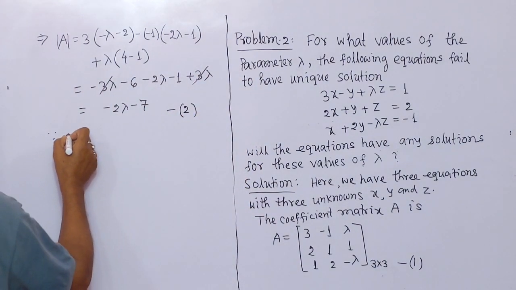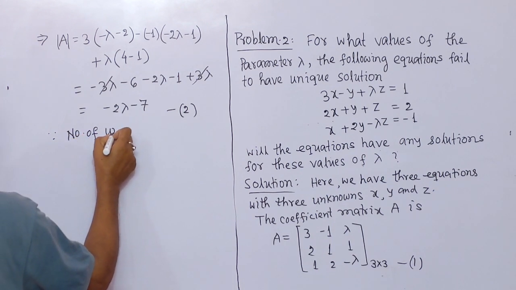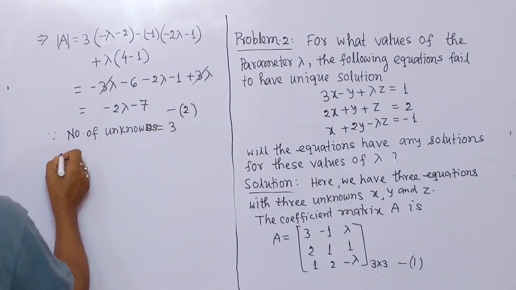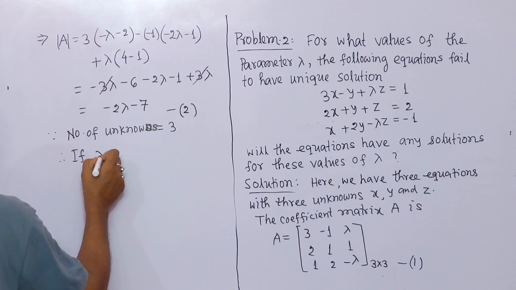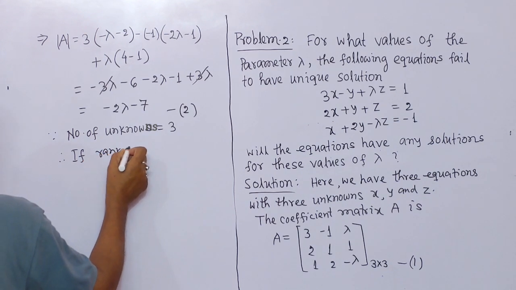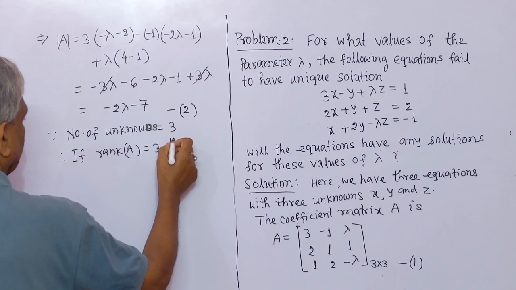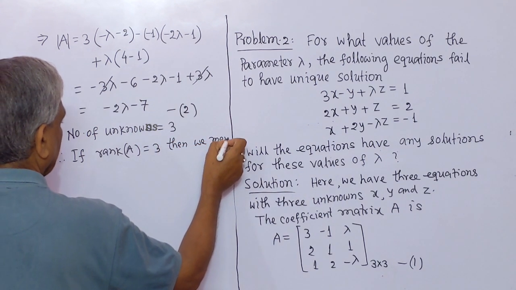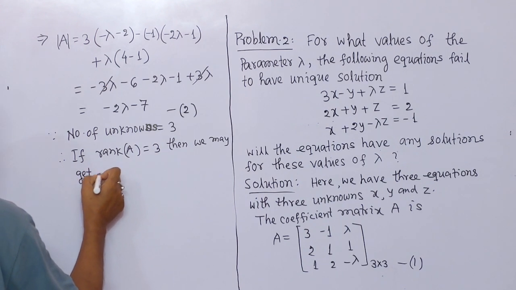Since the number of unknowns is equal to 3, therefore if rank of A is equal to 3, then we may get a unique solution.